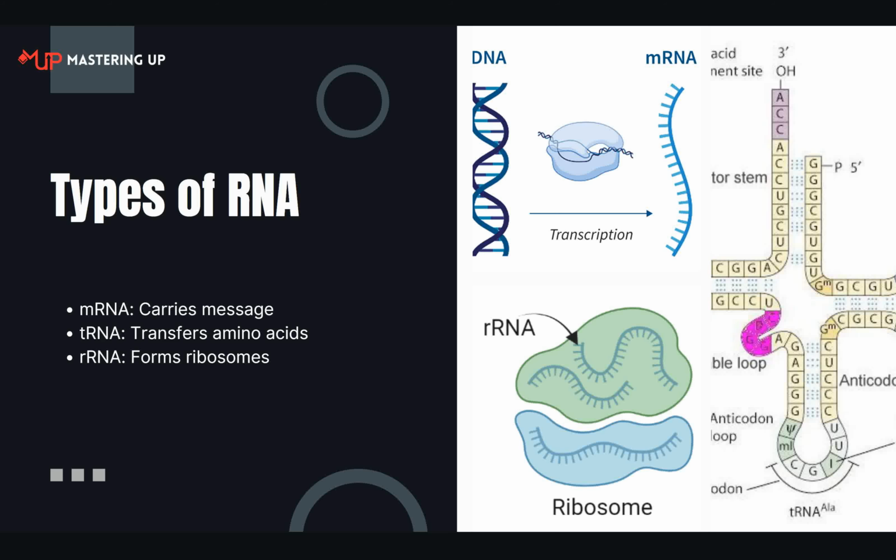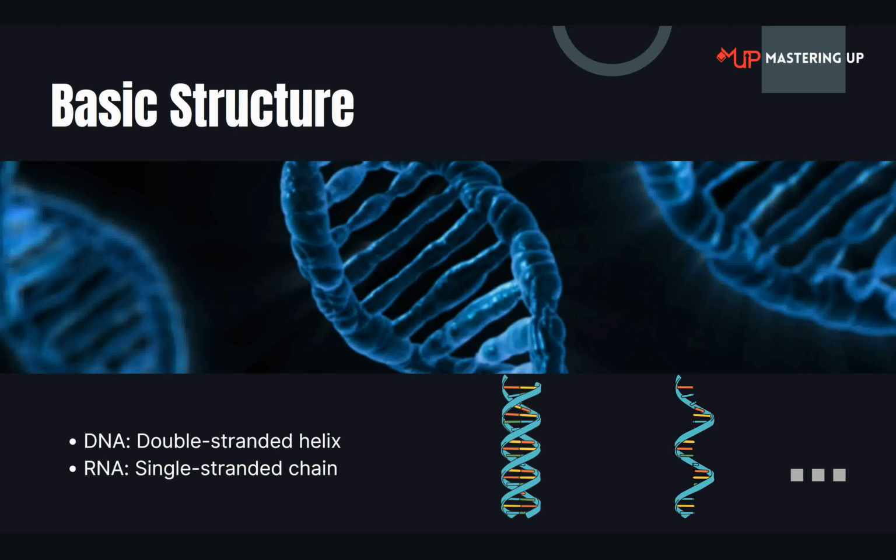And ribosomal RNA or rRNA helps form the structure of ribosomes and also catalyzes the assembly of proteins. Together they form the machinery of gene expression. We have discussed the RNA types clearly in the previous video.